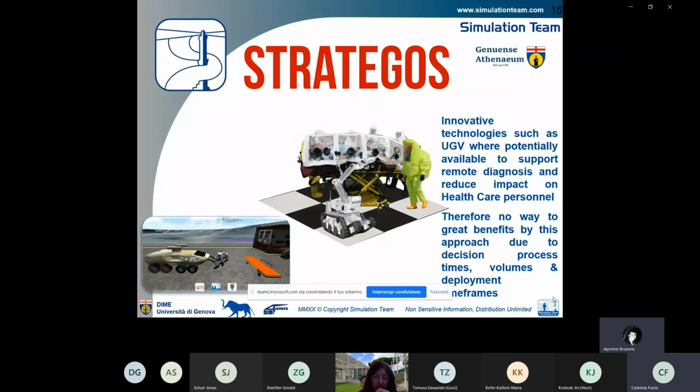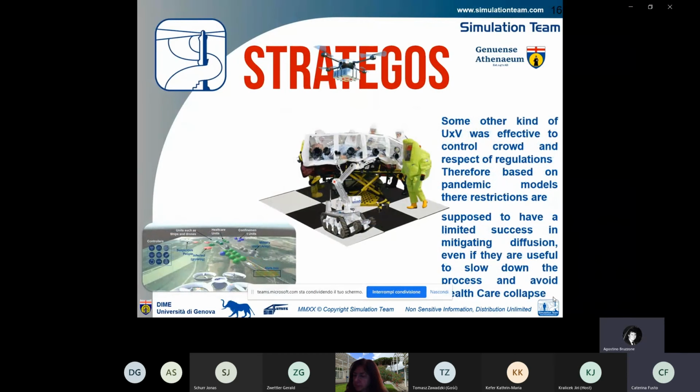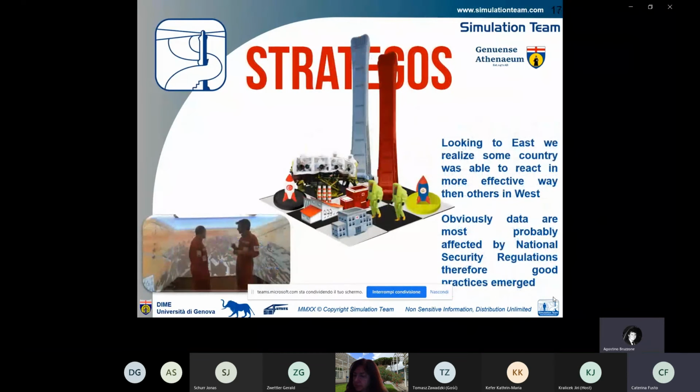We can even investigate the benefit or not of introducing new solutions, like UGVs, to deal with drug administration supervision in the hospital, to keep our medical doctors a little bit out of the front line. We can think about many aspects. This should be investigated, and it would be very interesting even to compare what happened in one country with another. We have examples in the east and west of different behavior, and sometimes they are based on hypotheses.